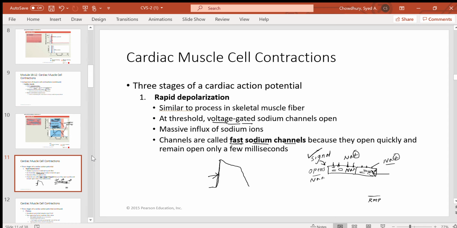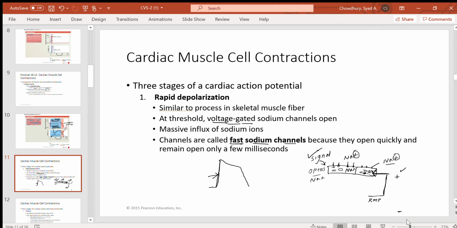When the signal arrives, the sodium channel suddenly opens and sodium gets in. Now if I draw this way, upwards positive and downwards negative, and measure the voltage inside the cell, a lot of sodium got in suddenly, so inside the cardiac muscle cell or fiber will become positive suddenly. That causes sudden depolarization, because upwards is positive. So I'm seeing the change inside the cell.